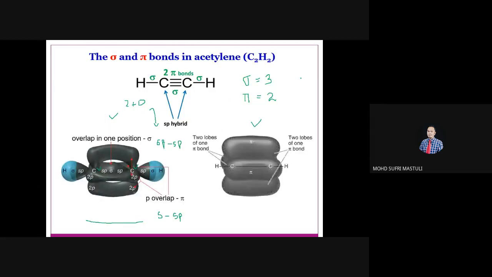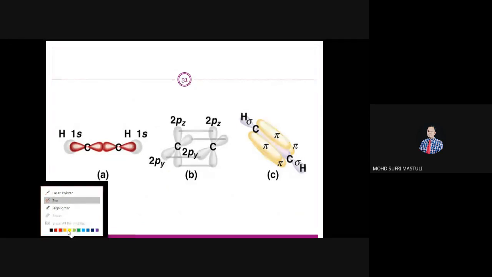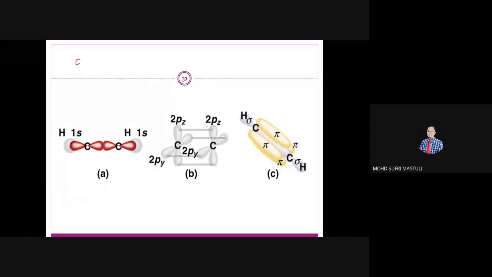Okay, let's say we want to draw the molecular orbital of this molecule, H, C, C, H. We know each central carbon atom is sp.